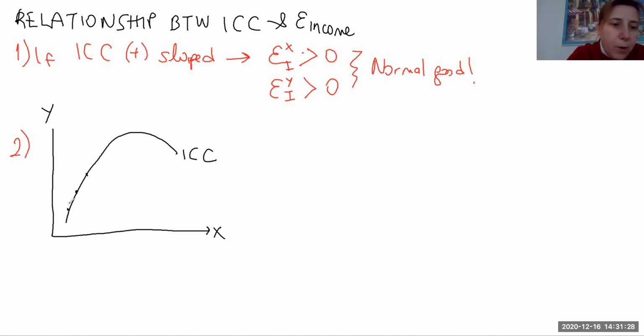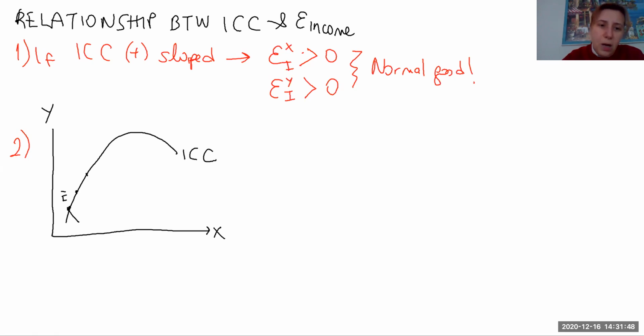So for example, for this point E, there is a budget line and also a tangency indifference curve. For point F, we have another budget line and another tangency indifference curve, and so on.